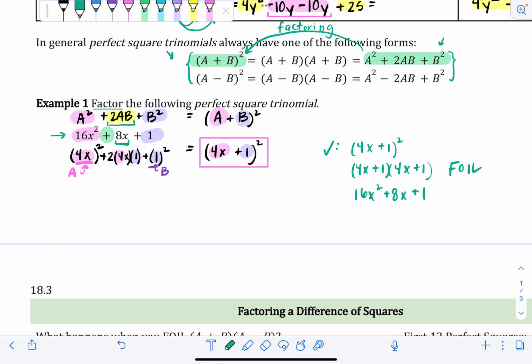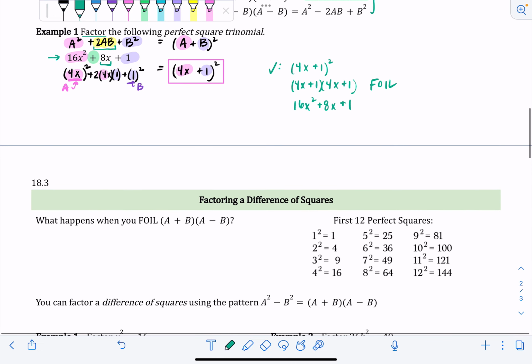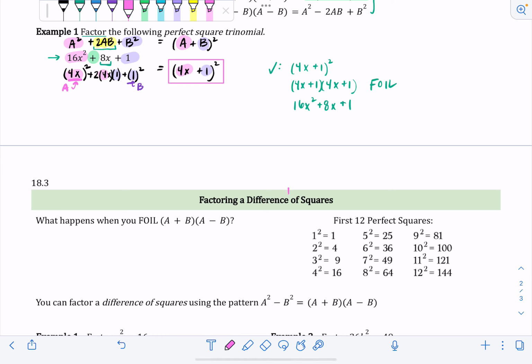Okay, so 18.3, this is called the difference of squares, factoring a difference of squares. So we talked about it a little bit during office hours during live, but in math, the word difference means subtraction.